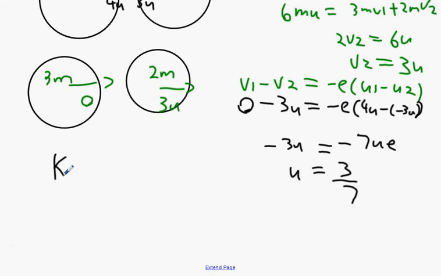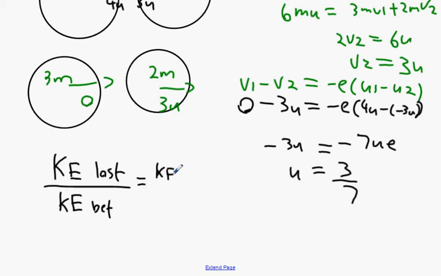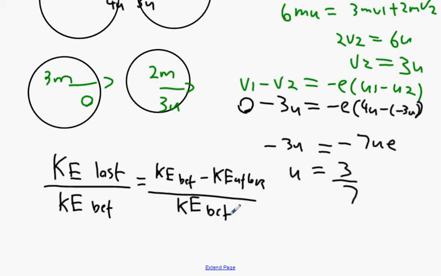KE lost over KE before. There's no need to multiply by 100. It says fraction, doesn't say percentage. KE lost is KE before minus KE after, all over KE before.